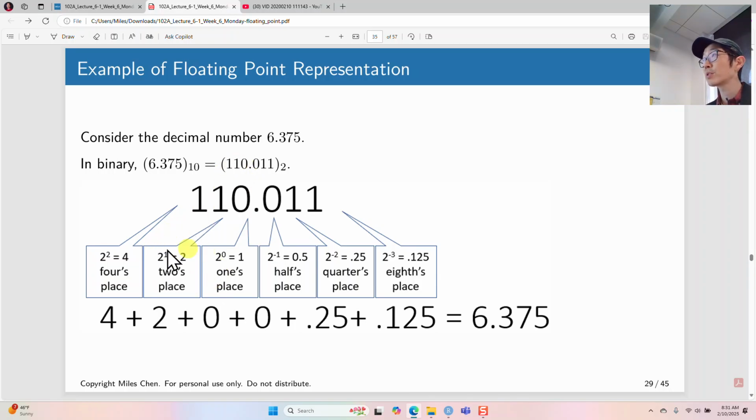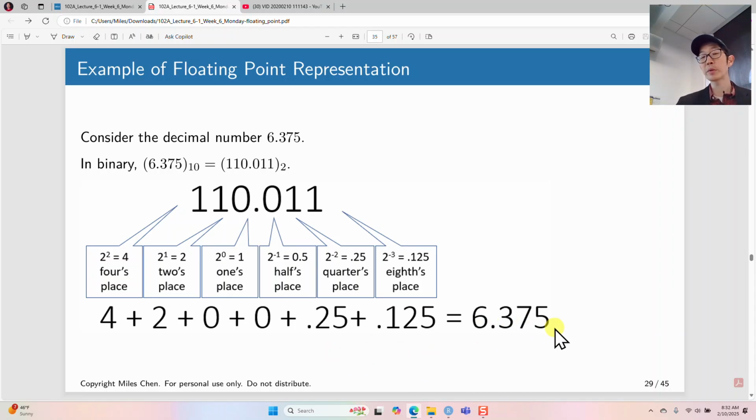That represents our 6: a 4 and a 2 and 0 makes 6. And then 3/8 is a quarter plus 1/8. So I have 1, 1, 0 for the 6, then the point, no halves, 1 quarter and 1/8. And that would be 0.011. So 110.011 would be 6 3/8, 6.375.